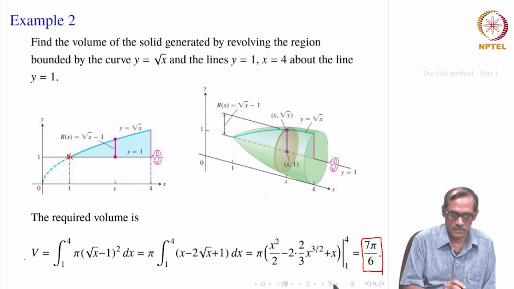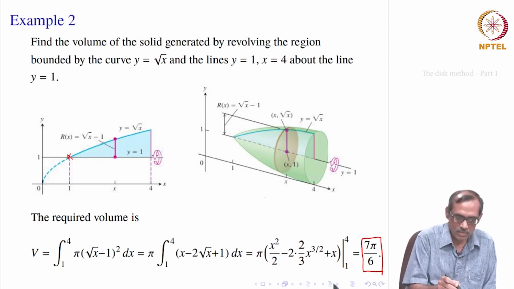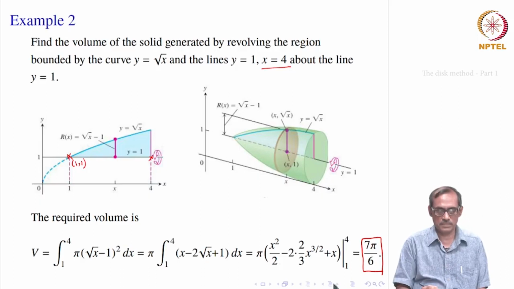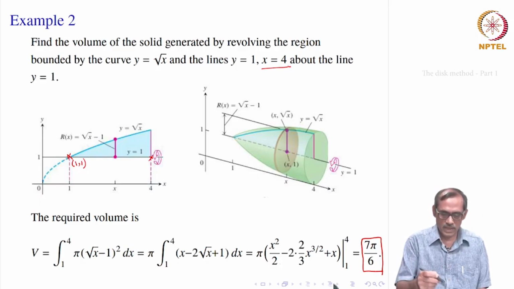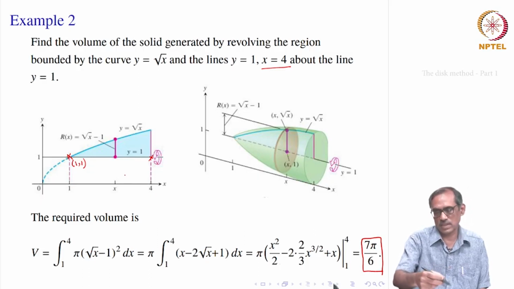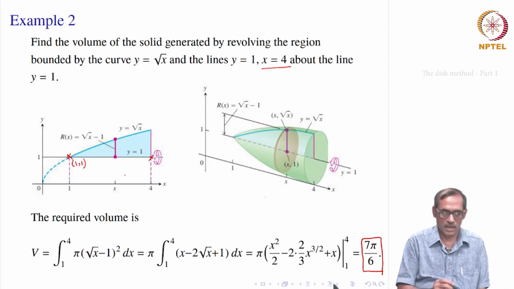So, we have to find it out, and that turns out to be that y equal to 1 crosses the curve y equal to root x at the point 1 comma 1, and we get the limit for x as 1, and the other side of course is x equal to 4, as given in the problem. That is how we get the limits. Then we have to get the radius of the cross sectional area, which is a disc, and plug it into the formula.